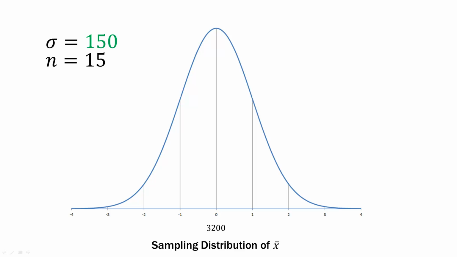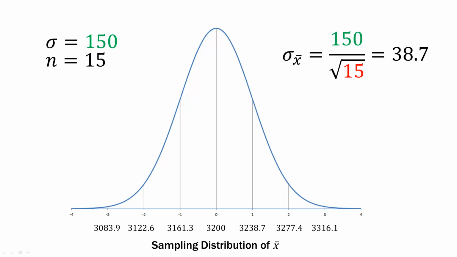So in this case, n is 15. Now when we go ahead and do that out, we find that the standard error of the mean for a sample size of 15 equals 38.7. So the standard error is dependent on the sample size. And of course, the population standard deviation stays the same there on the top.